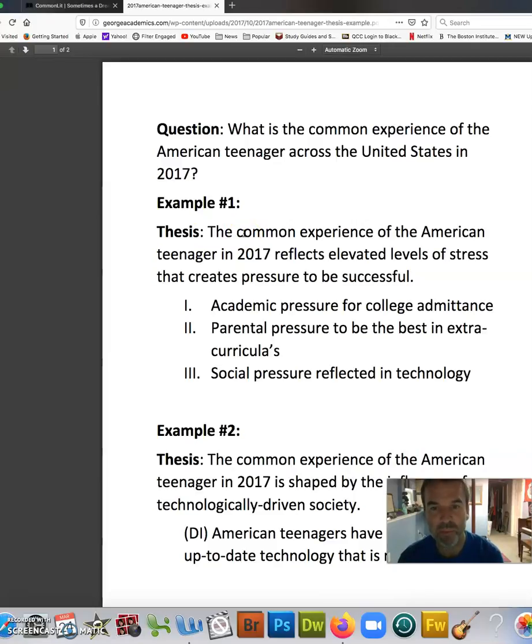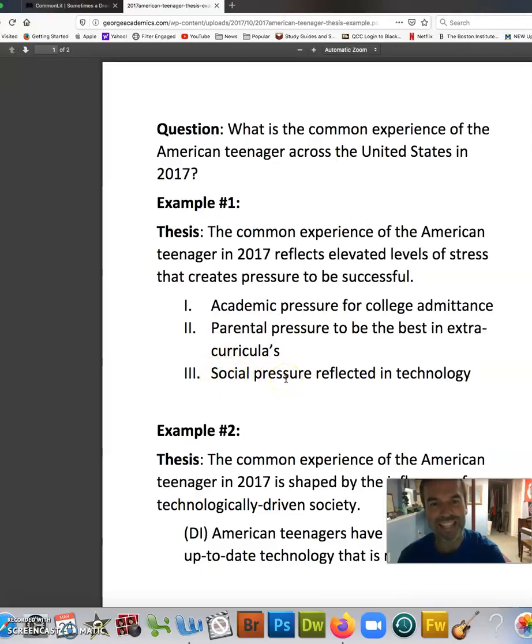The common experience of the American teenager in 2017 reflects elevated levels of stress that creates pressure to be successful. So based on my 3 groups, I have a group on academic pressure, I have a group on parental pressure, and I have a group on social pressure.